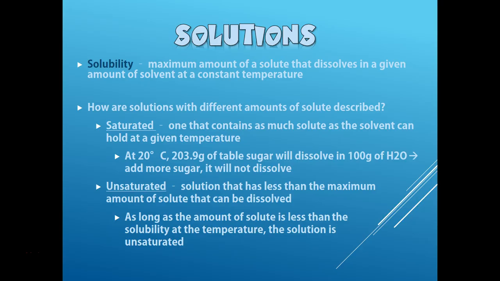You change any one of those parameters, the solvent, the solute, how much of the solvent, or the temperature you're doing it at, and you will end up changing the solubility of that solution. So think about it.